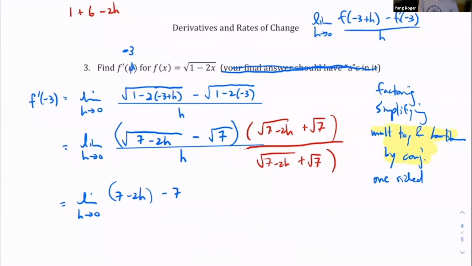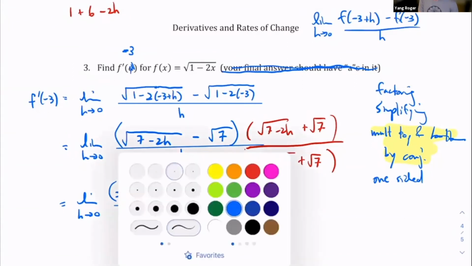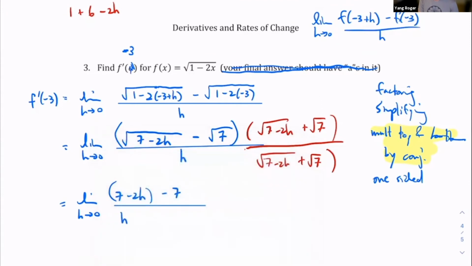Our denominator is still going to be h times the square root of 7 minus 2h plus rad 7.